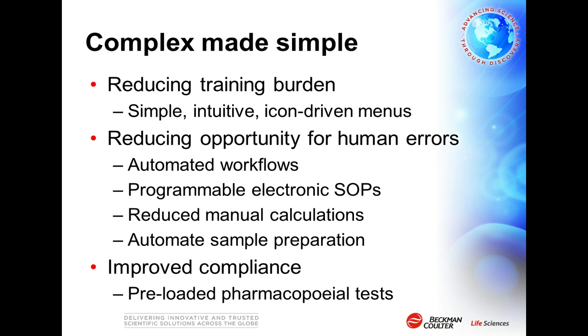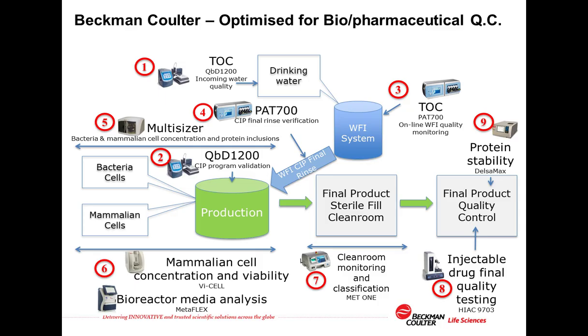And by allowing the user to program their standard operating procedure, their SOP, into the QBD 1200 and automating it, we ensure that the SOP is followed every time, and again, reducing human errors and avoiding problems with the inaccuracies in the electronic records.